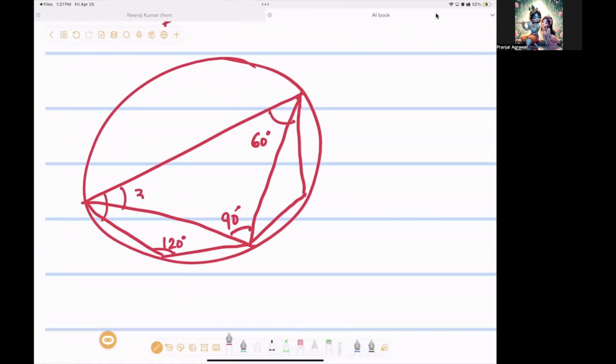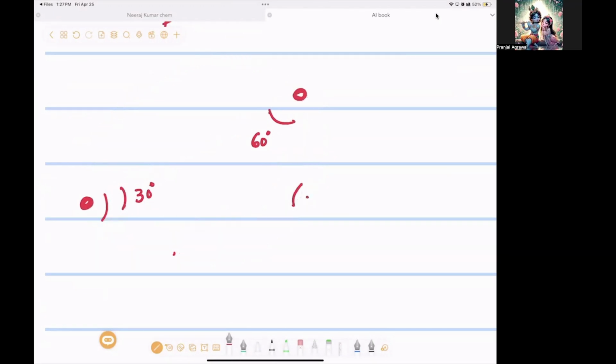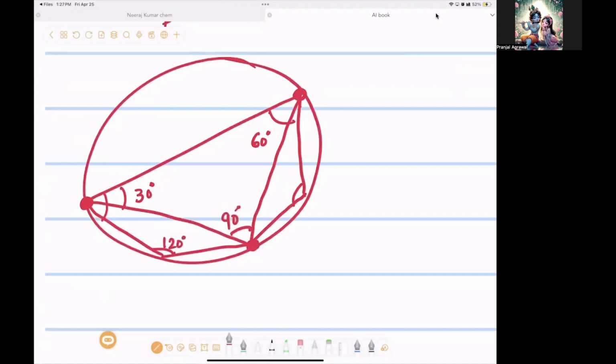Now this is 30 degree. And now again, this will be a cyclic quadrilateral. I mean this, and that one. So that gives up to 150 degree. So answer will be 150 degree. We have to find this. So 150 degree. So hopefully this is clear.